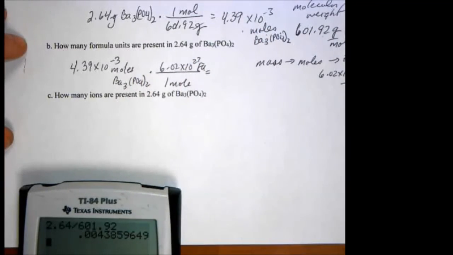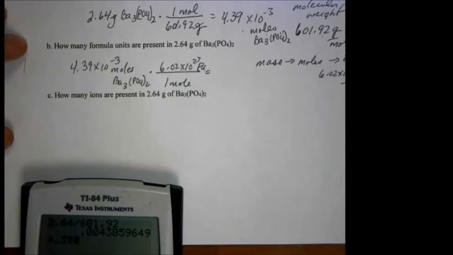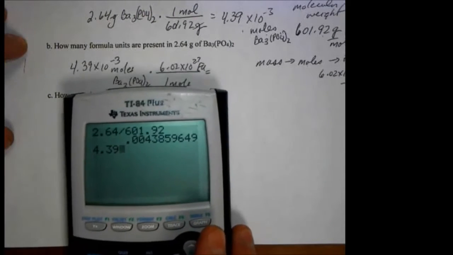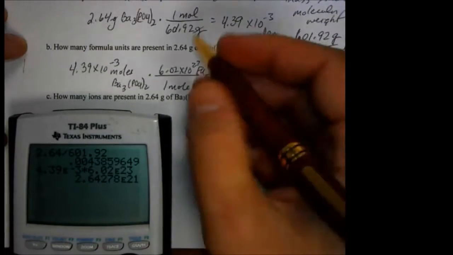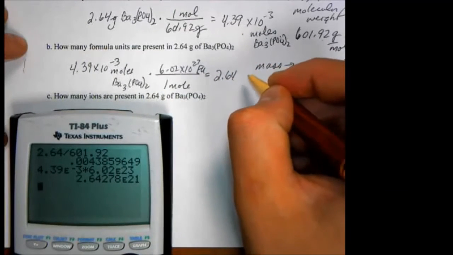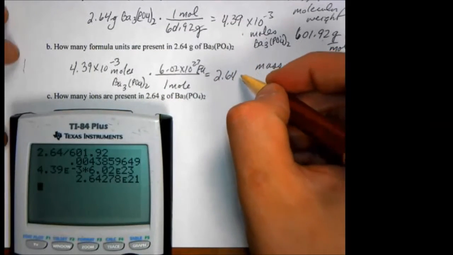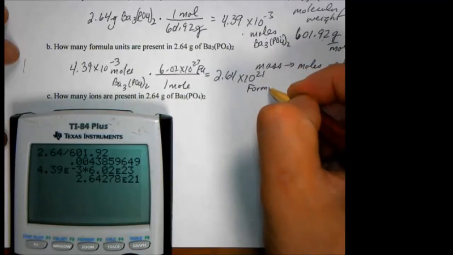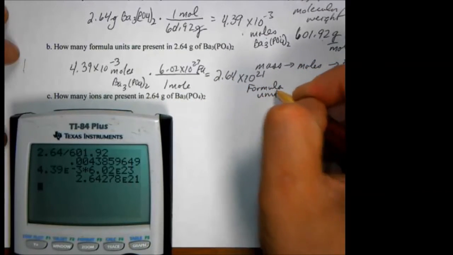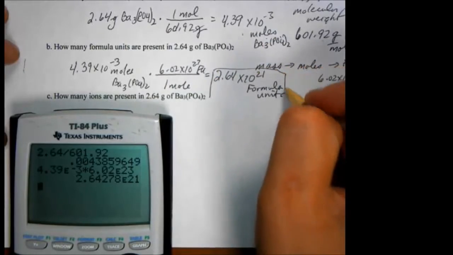So if we plug 4.39 times 10 to the minus third times 6.02 times 10 to the 23rd into our calculator, I get 2.64, with the correct number of sig figs, times 10 to the 21st formula units. Okay, so that would be my answer.